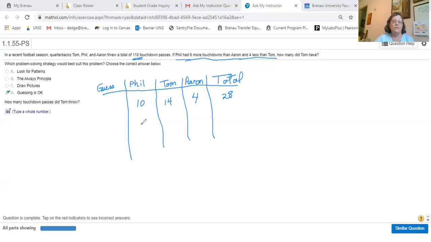Well, what if we said 100 is going to be way too big? Let's kind of split it down to about a third. Let's start with 30 and see whether we need to go up or down from there. If Phil threw 30, and Phil had 6 more than Aaron, then how many would Aaron have thrown?